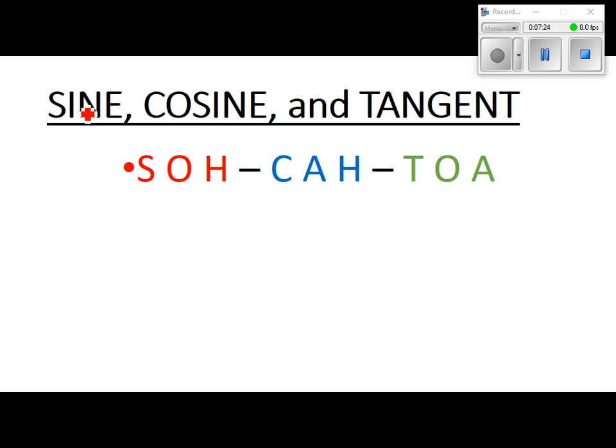Somebody a long time ago, some math person, came up with this saying to help you remember the sine, the cosine, and tangent and the way that they're related and set up. And it's SOHCAHTOA. Alright? SOHCAHTOA. At some point I'll probably write this on the side of the board over here so that you can look up there and see it and try to remember it.